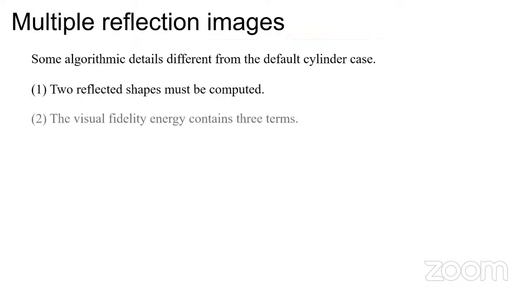When generating two reflected images, some details are different from our default cylinder case. First, two reflected shapes must be computed. Second, the visual fidelity energy contains 3 terms, 2 for the reflection and 1 for the direct view.